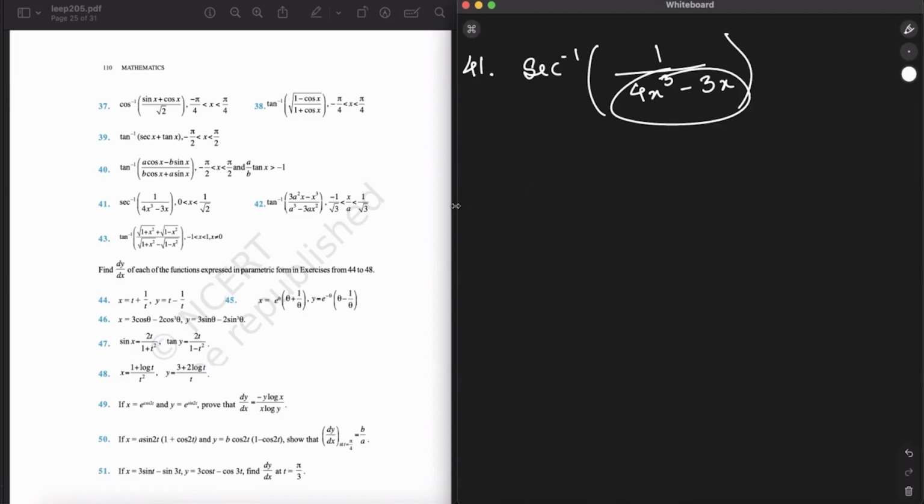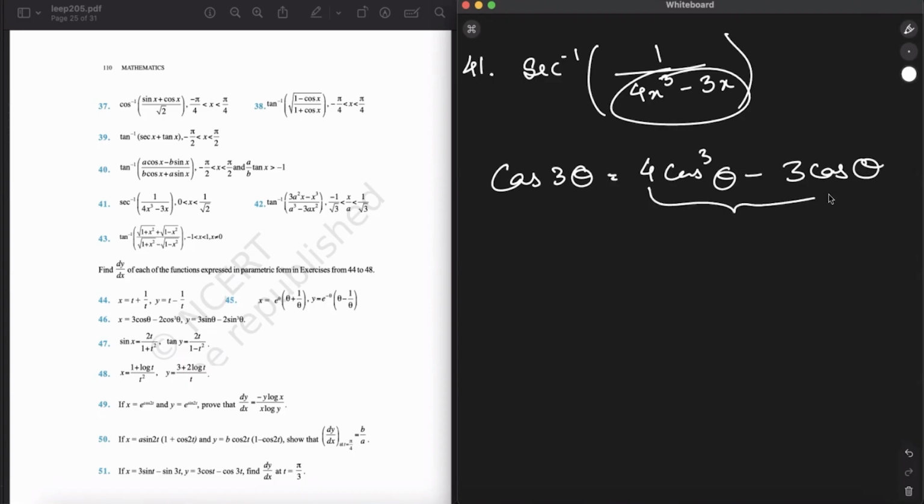So let's see. What is the formula for cos 3 theta? It is nothing but 4 cos cube theta minus 3 cos theta. See, the same thing has been written over here. So in place of x, if I put cos theta, what will I get?